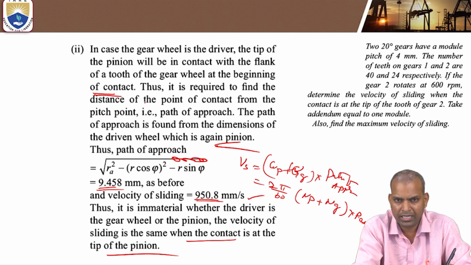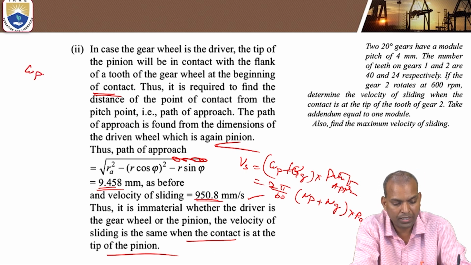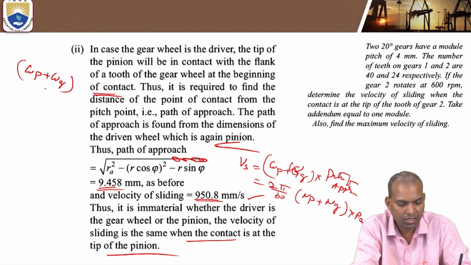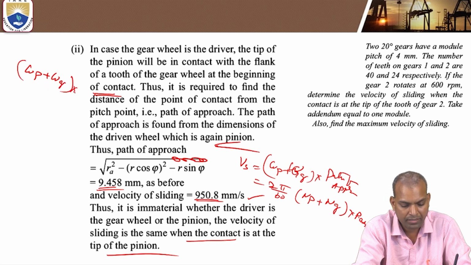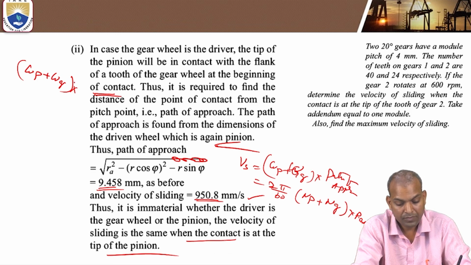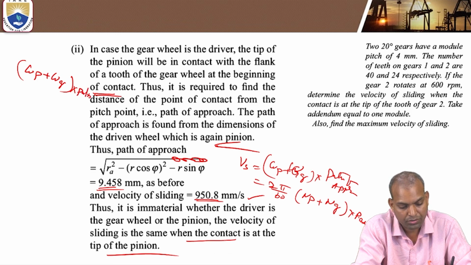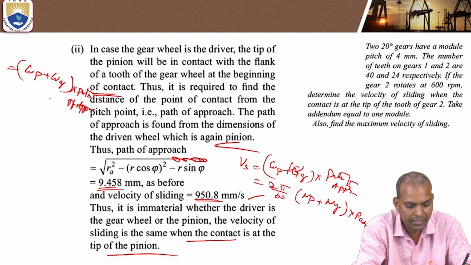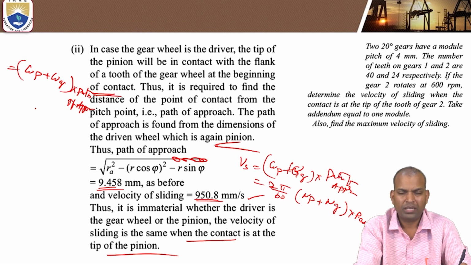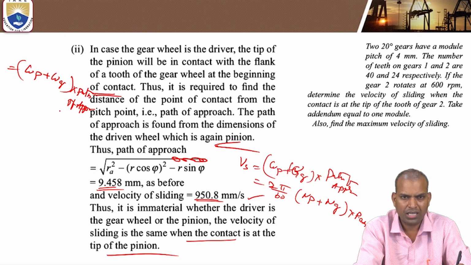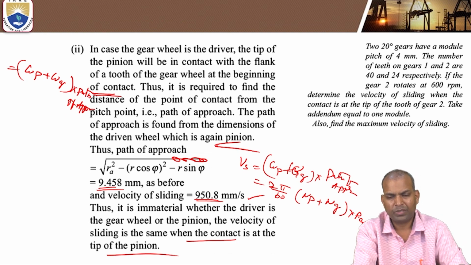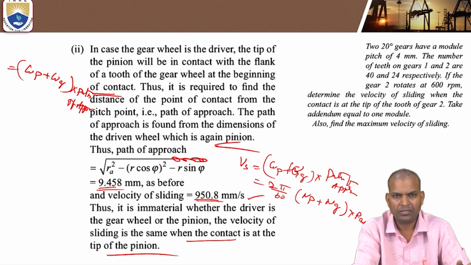The velocity of sliding is the sum of angular velocities omega p and omega g multiplied by the path of approach. This is the maximum velocity of sliding. And in the path of contact, the path of approach is larger than the path of recess, so the time taken for the path of approach is more than for the path of recess.